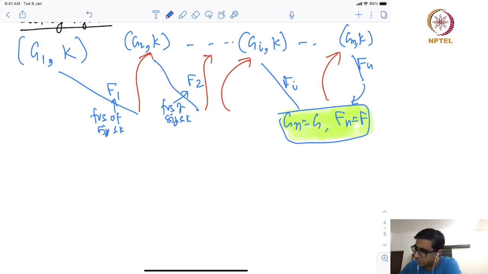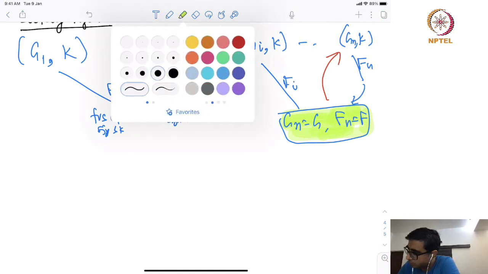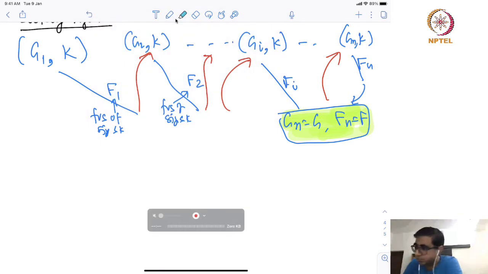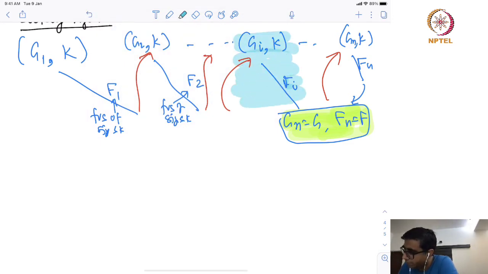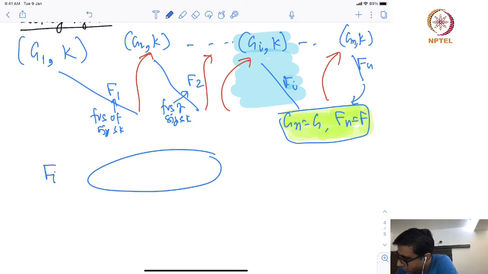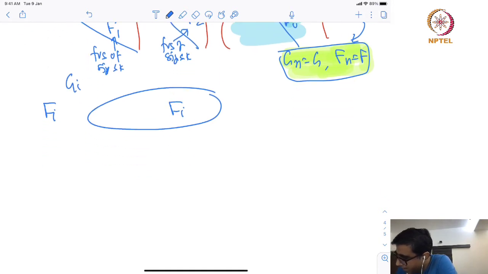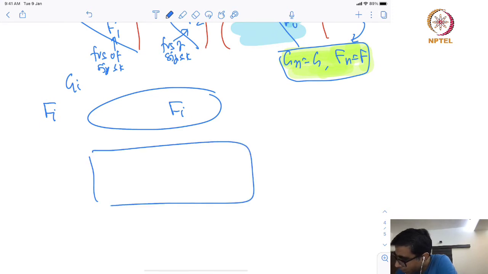Let's just focus on this part of the instance. What is the property of Fi? Here is my Gi, and the property is that Gi minus Fi is a forest.